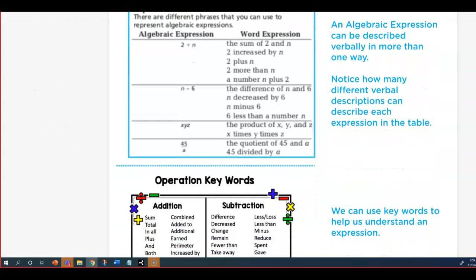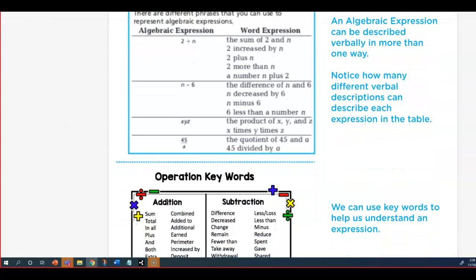Now, remember with addition, it doesn't matter what comes first, but with subtraction, it can be a little more difficult because you have to make sure you've got the right order. Okay, so the subtraction one, we've got 4 different versions of saying the same thing. The difference of n and 6. So today we're going to be working with the variables.